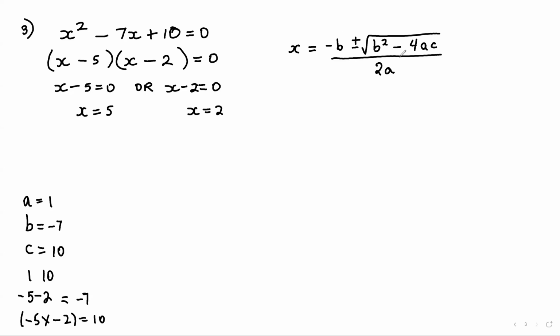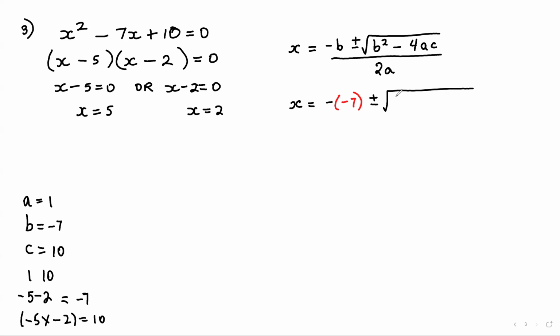So what I'm going to do here is substitute all my values, B, A, and C, into the formula, right? So that would mean that x is equal to, well, minus, what is B? -7. So it will be minus -7, right? Because you need to keep that minus sign.